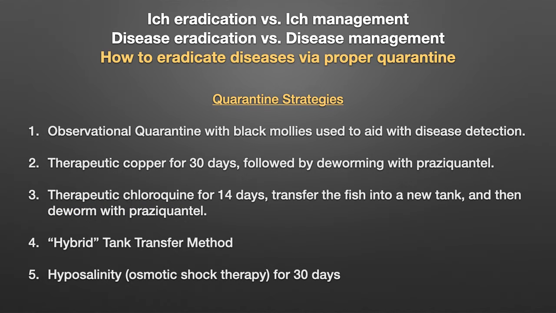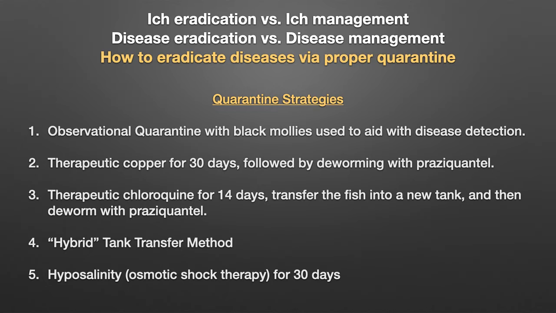How to eradicate diseases via proper quarantine. Listed here are 5 quarantine strategies that can be used to either identify or treat most diseases. These are just brief descriptions, and more detailed information can be found in links in the comment section. Strategy 1. Observational quarantine with black mollies used to aid with disease detection.